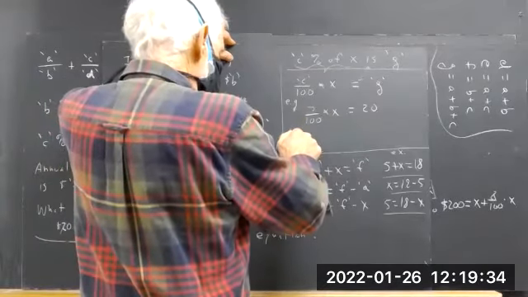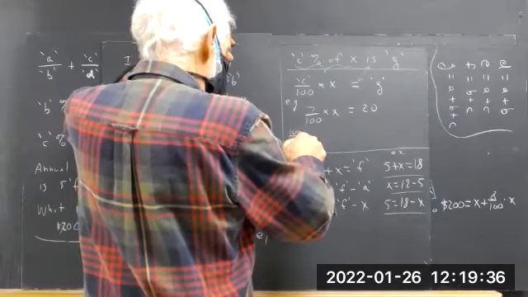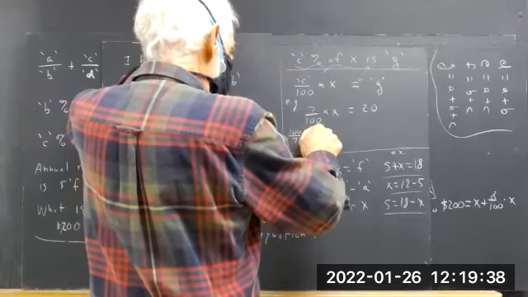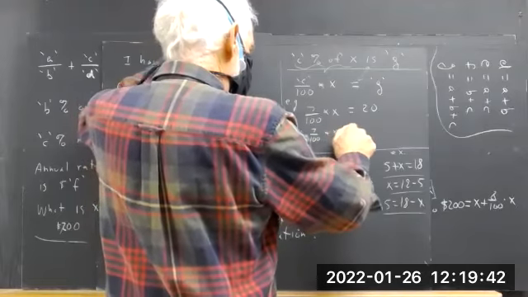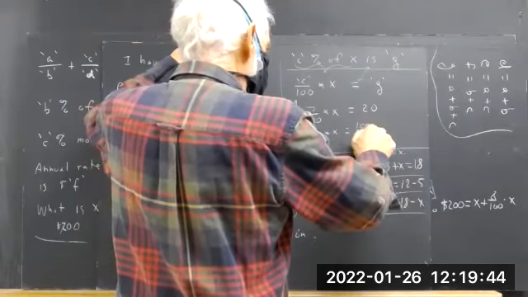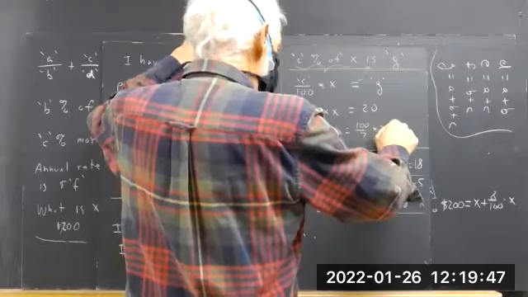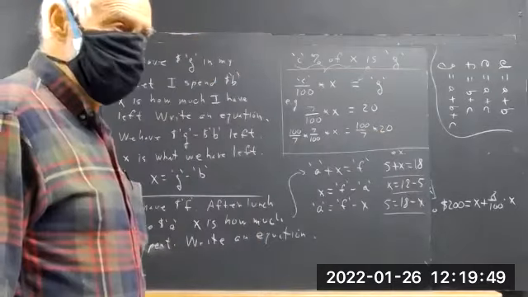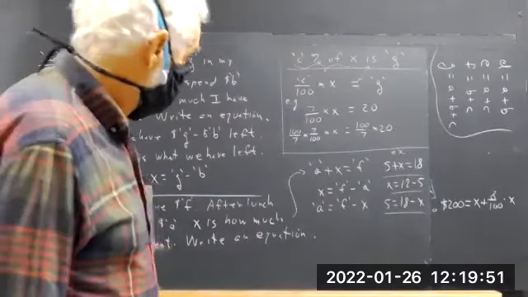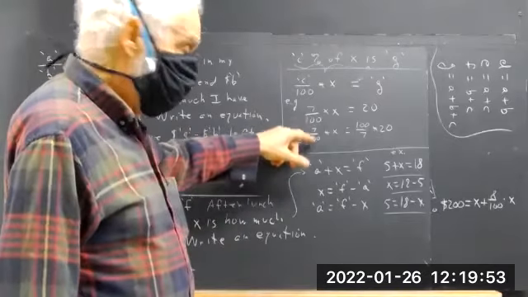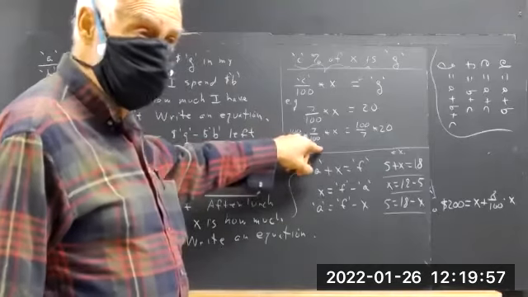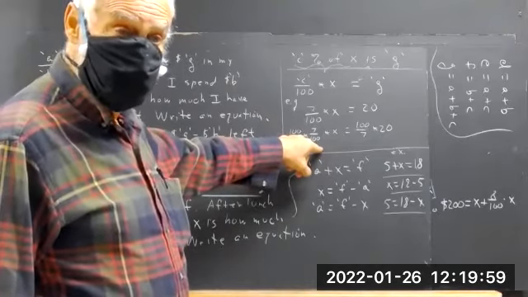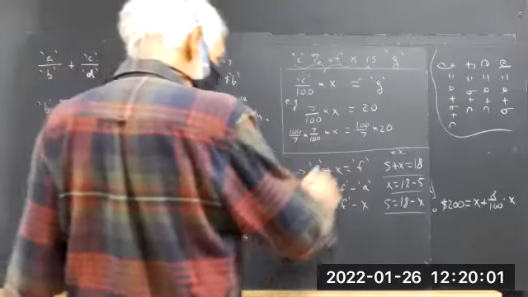I can write 100 over 7 times 7 over 100 times X equals 100 over 7 times 20. 100 over 7 times 7 over 100 gives me 700 over 700, which is just 1, right? So this is just X.